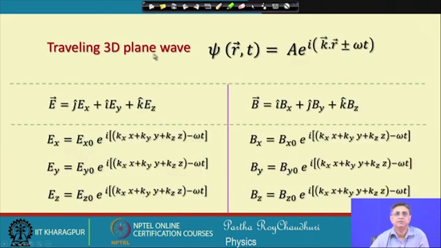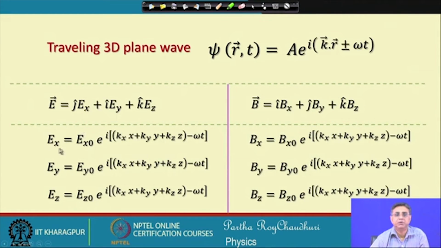a travelling 3-dimensional plane wave is represented by this. We have seen this. Now, if I look at the wave very explicitly, the E vector will be represented by i E x, j E y, k E z, and similarly the B vector will be represented by this.